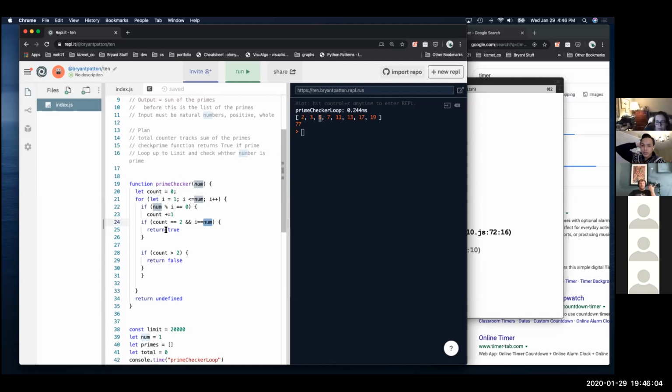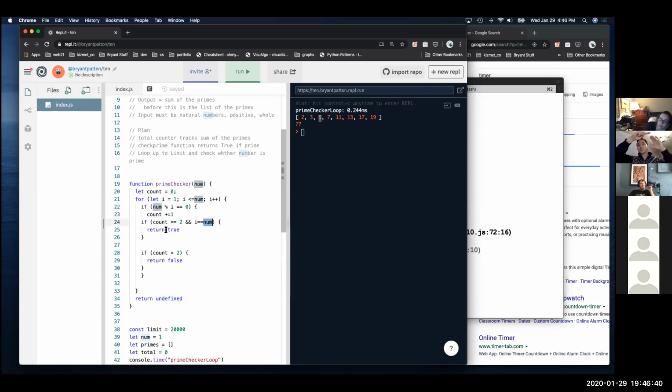I think the logic behind it was that Luis was trying to optimize. Basically the idea is, if you find a number with more than 2 divisors, you know it is not prime, right? Instead of looping through once and finding a divisor, looping through twice and finding another, then a third time, and then coming back up and realizing, whoops, I already have 3 divisors, let's just exit out of this.